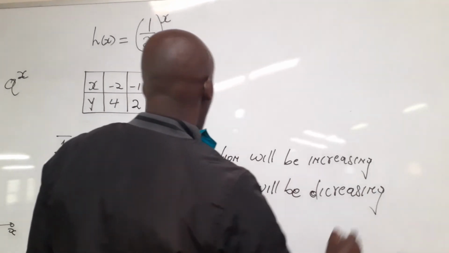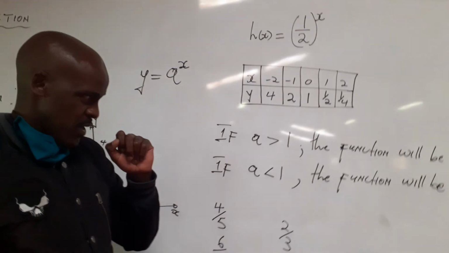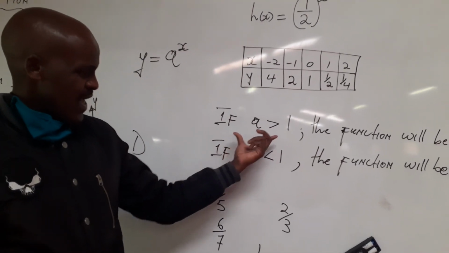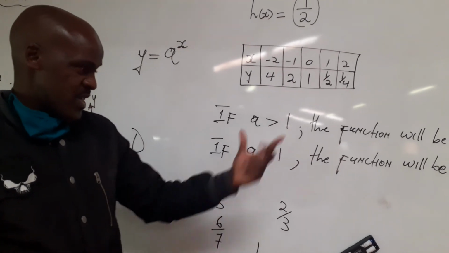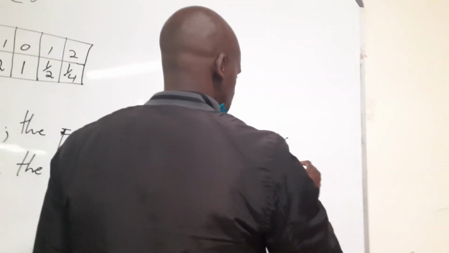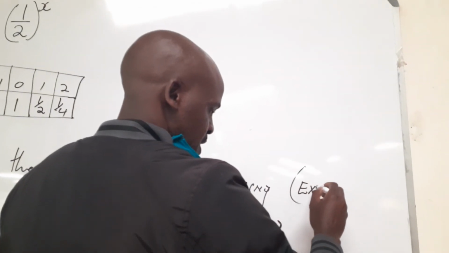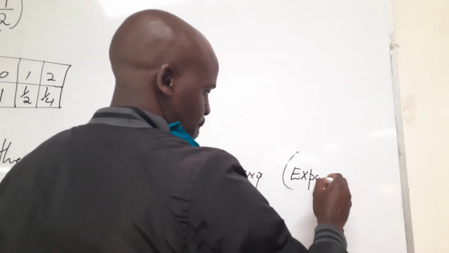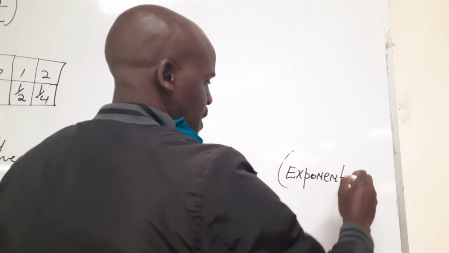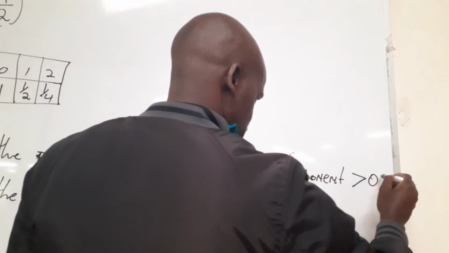Right, why we are still there? We are saying if A is greater than 1, but also the exponent must be greater than 0.